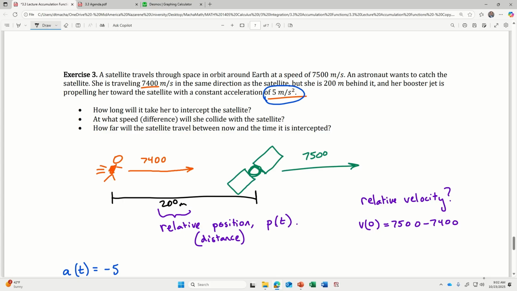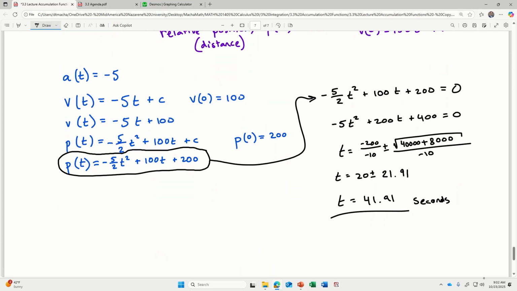Second bullet point says, at what speed difference will she collide with the satellite? So I already have a velocity function. And now that I have the time of the collision, we can find that really easily. We just got to plug in negative 5 times 41.91 plus 100. We get negative 109.6.